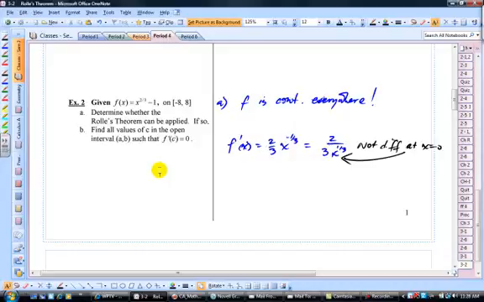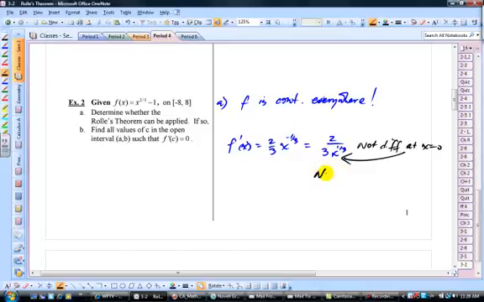So 0 is inside the open interval from negative 8 to 8. So f is not differentiable in the open interval from negative 8 to 8, because 0 is inside there, guys. So it's continuous everywhere, but not differentiable in the open interval.